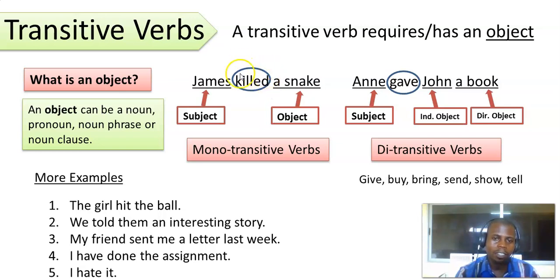You have to note that the verb carries an action. It transfers an action from the subject to the object. So when you see a verb that does that, and then you see a noun, pronoun, noun phrase, or noun clause that comes after it, then it is a transitive verb. When it has one object, you call it monotransitive. When it has two objects, you call it ditransitive.